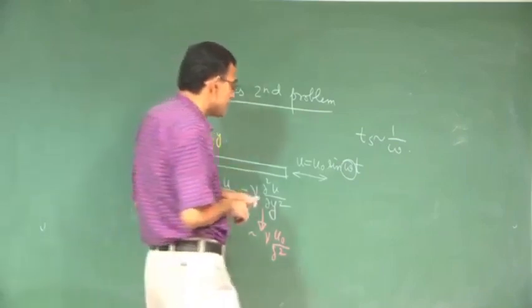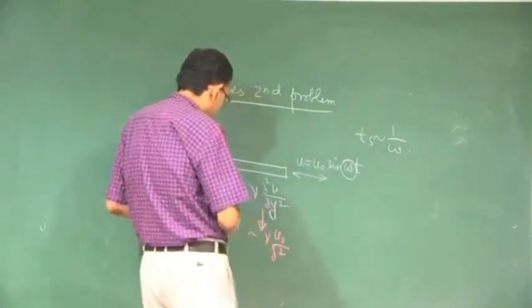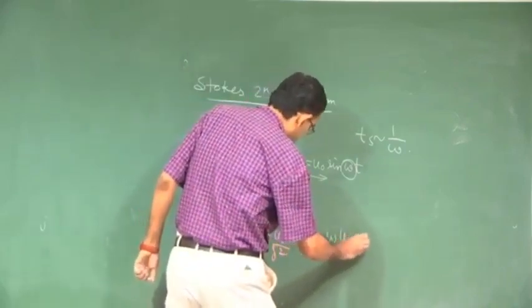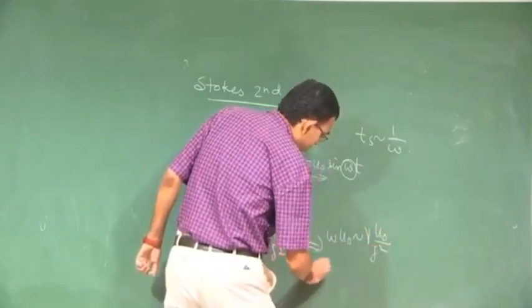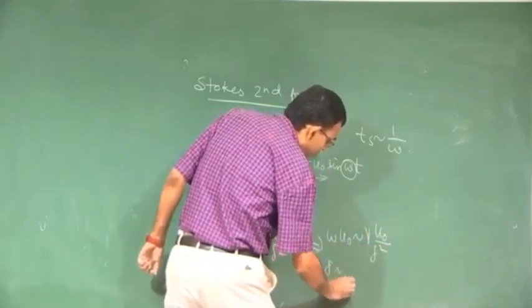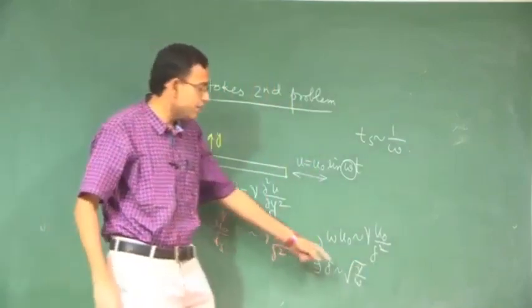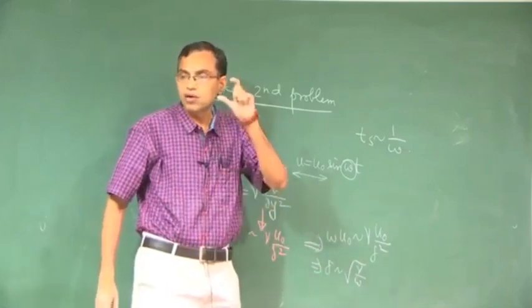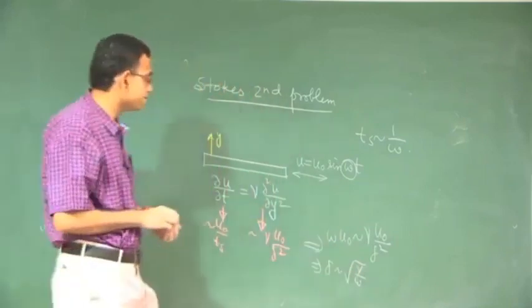So, if Ts is of the order of 1 by omega, then omega u0 is of the order of nu u0 by delta square. This means delta is of the order of square root of nu by omega. It does not vary with time, it is a fixed order of delta which is governed by nu and omega.